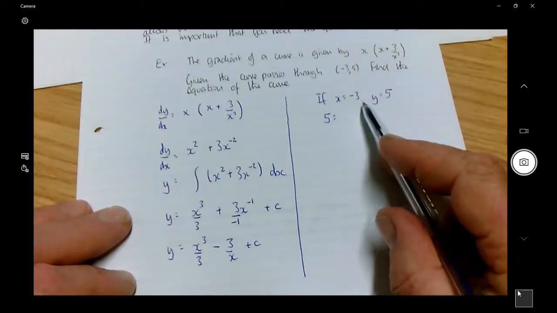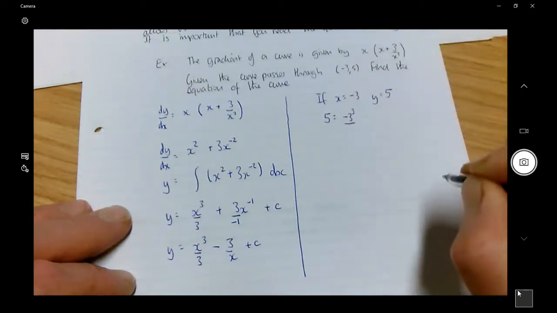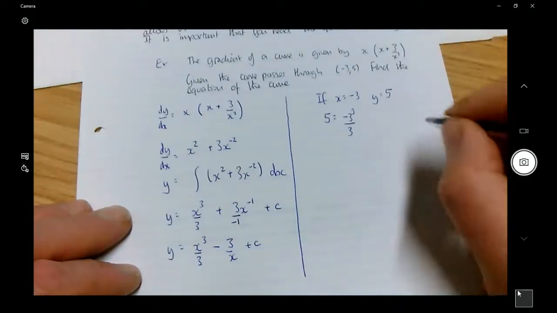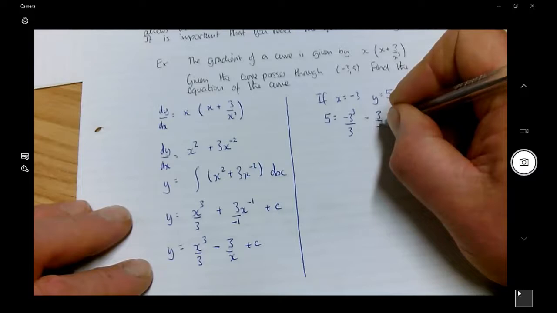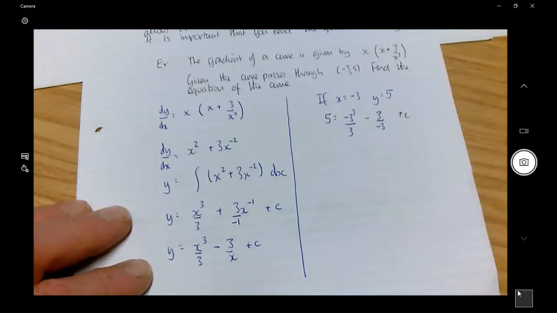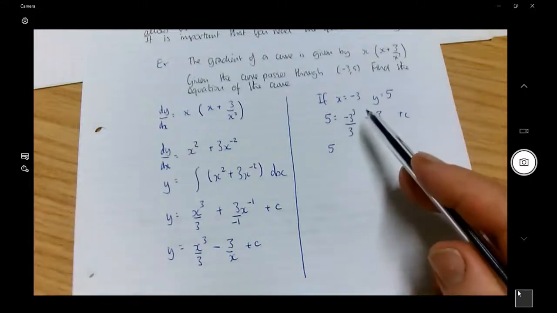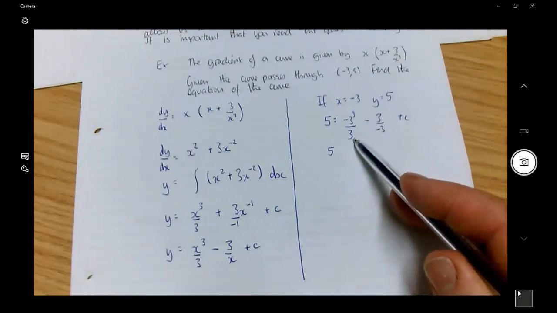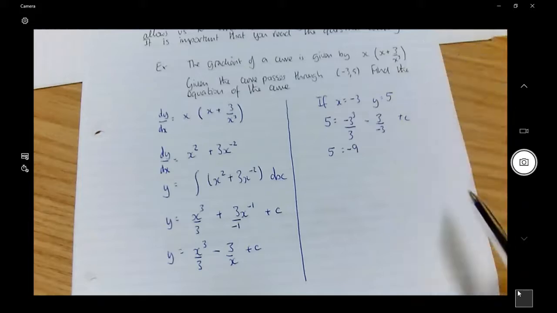minus 3 cubed over 3 minus 3 over minus 3 plus c. 5 equals, well, minus 3 cubed is minus 27, divided by 3 is minus 9. Minus 9.